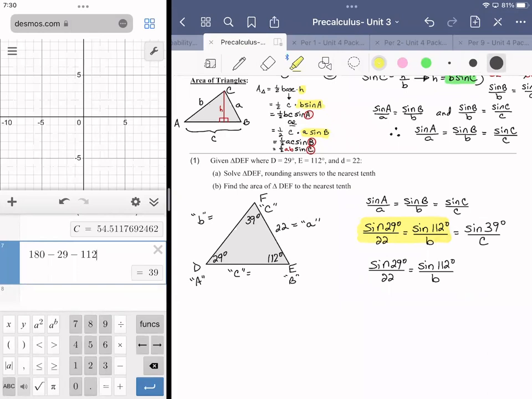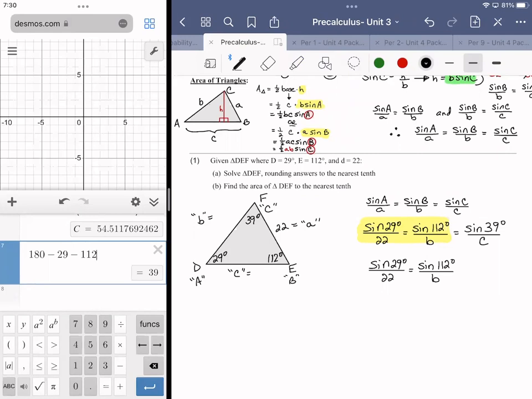It's going to require a little cross multiplying, but your best bet, just to keep things clean, would be to cross multiply with it in its current form, without figuring out what the sine of 29 is. Save the part where you figure out the sine of 29 and sine of 112 for the very last step.